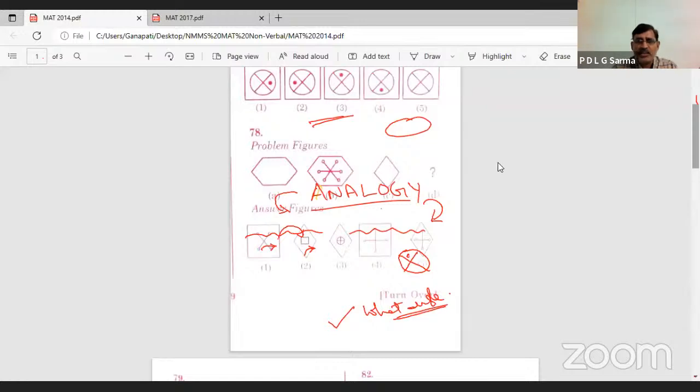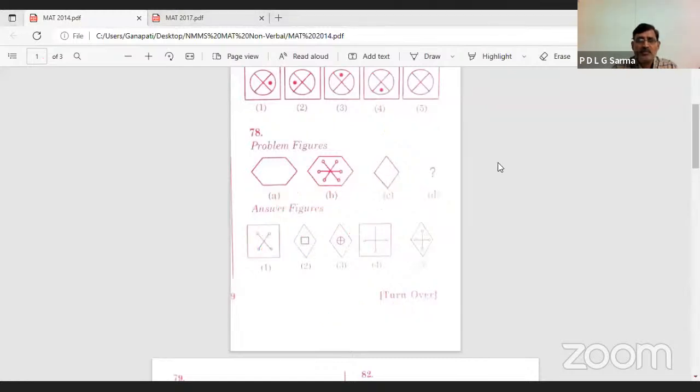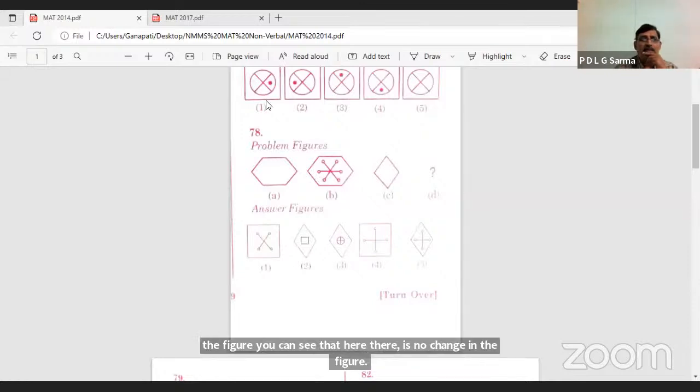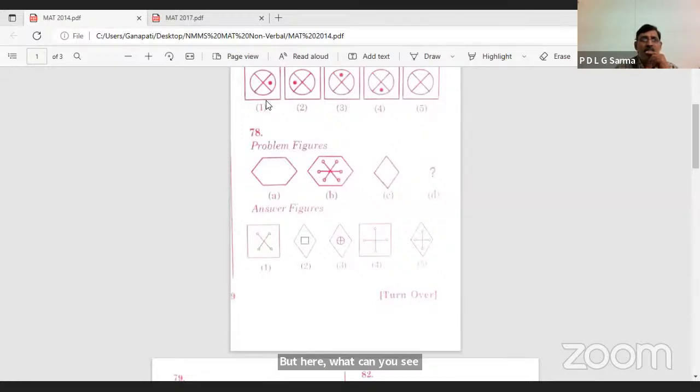Yeah, this is the next one. Problem number 78. Here you can see this figure. Now you can see that here there is no change in the figure. But here some lines you can see.